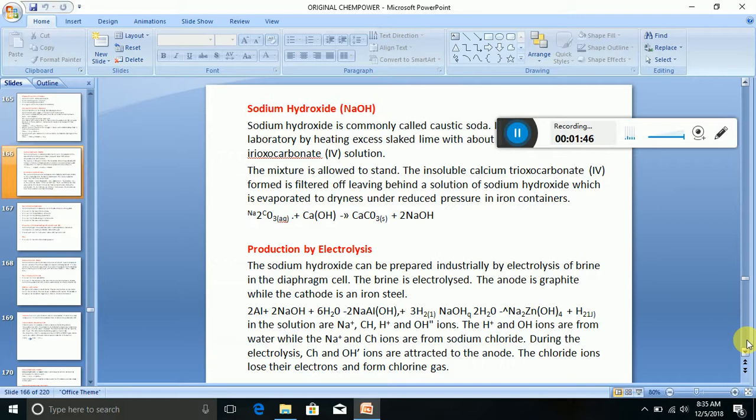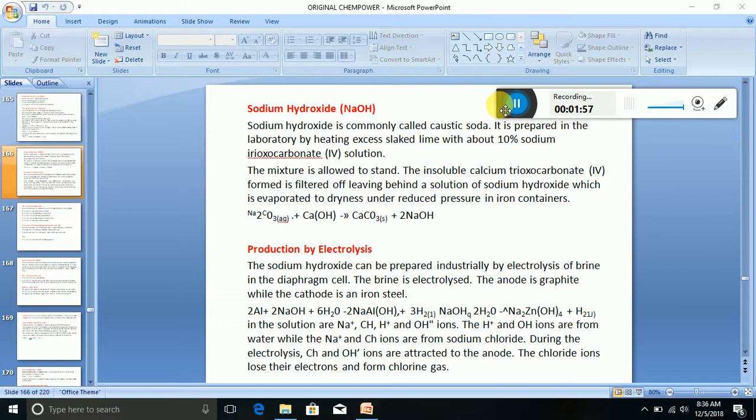So let's look at some compounds of sodium, like sodium hydroxide, commonly called caustic soda. It is prepared in the lab by heating excess calcium hydroxide with about 10% sodium trioxocarbonate(IV) solution.